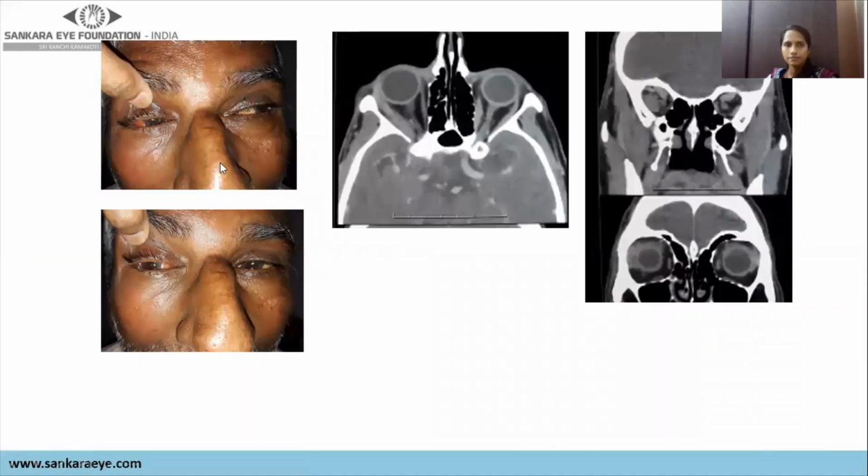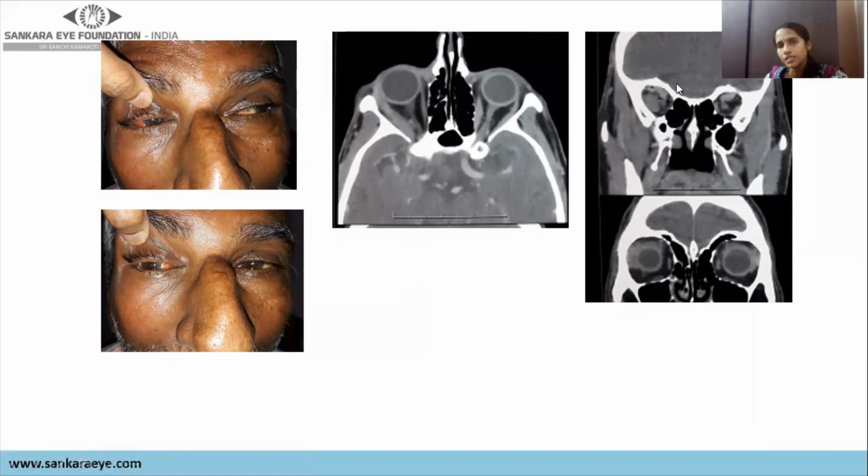Then let's move on to the next scenario. This is an acute history. A middle-aged man presenting with pain in the right eye for the past 15 days, not involving the vision or pupil. There is mild limitation of abduction. The CT scan orbit axial section, soft tissue window, contrast image, shows thickening of the lateral rectus muscle, involving the muscle belly as well as the insertion, and the margins are irregular.